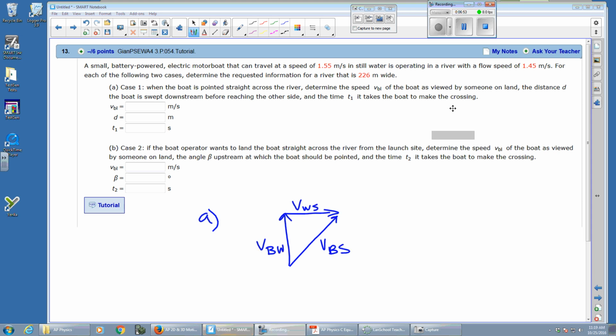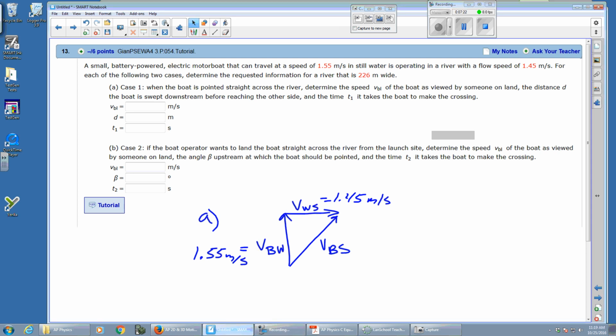And they want to know the magnitude of that. I know this, right? This is my 1.55 meters per second. I know this one, 1.45 meters per second. And so I can find my velocity there.